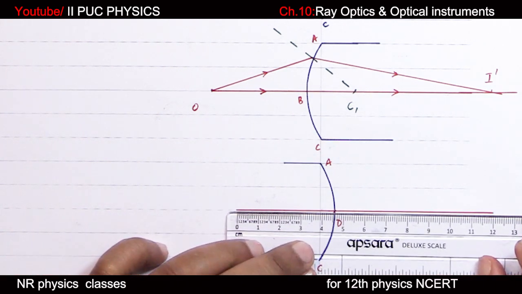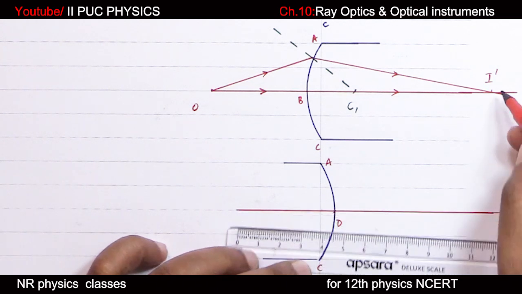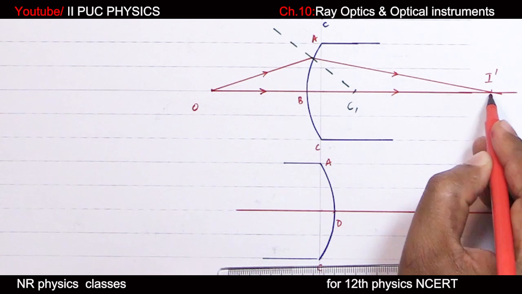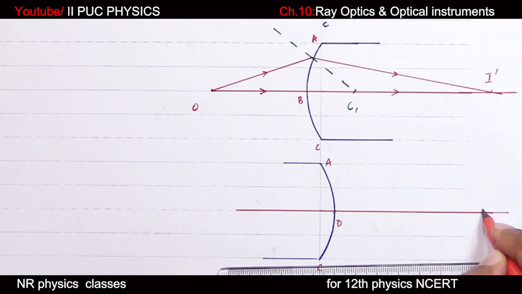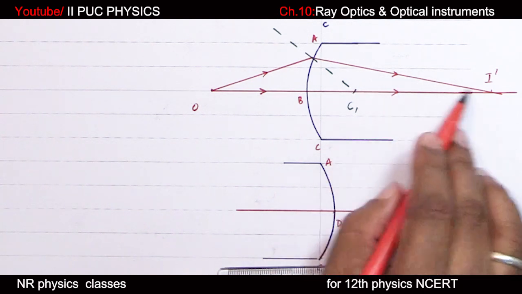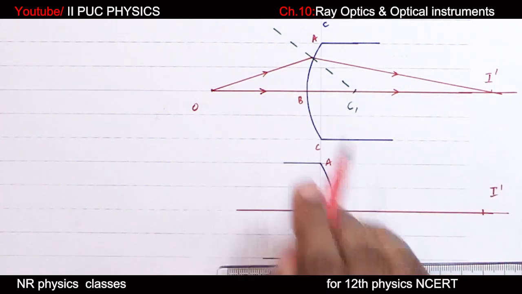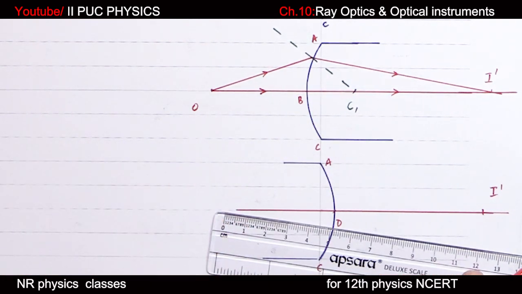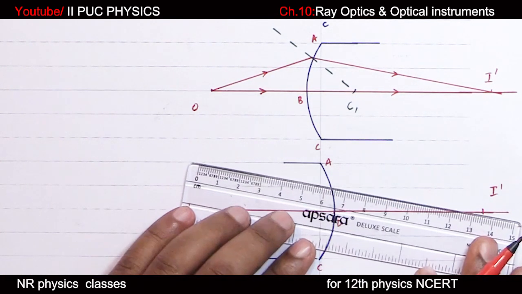No issues. Identify I dash. This is the reference I dash. From I dash to A, nothing but this point. Draw a dotted line.